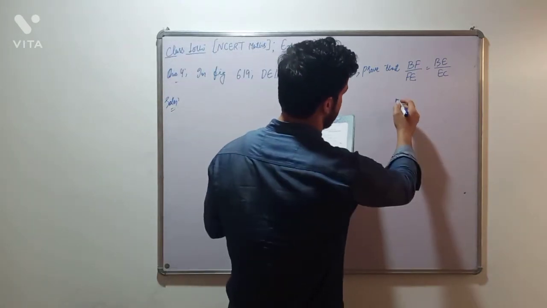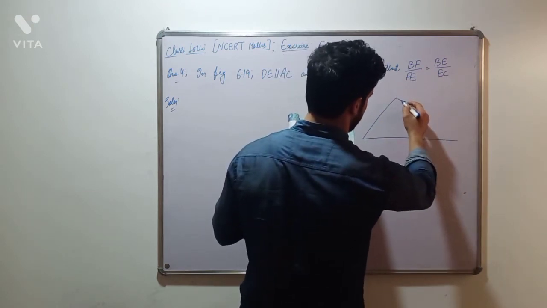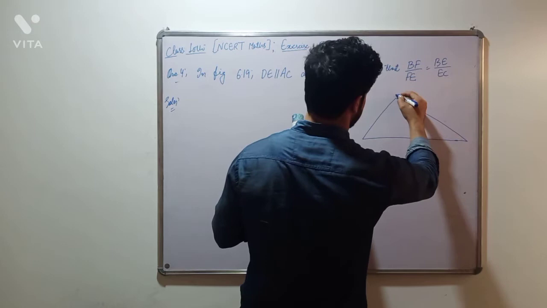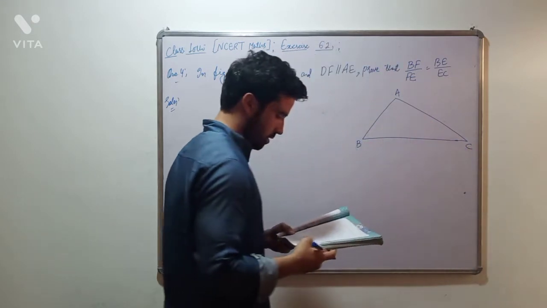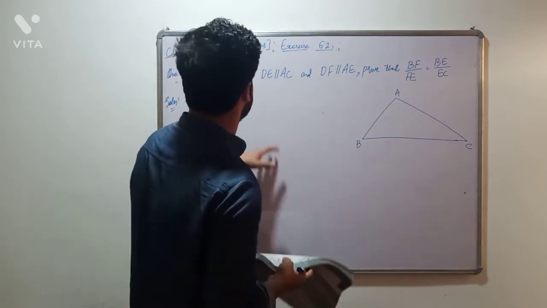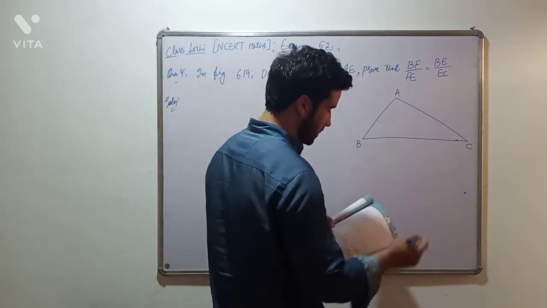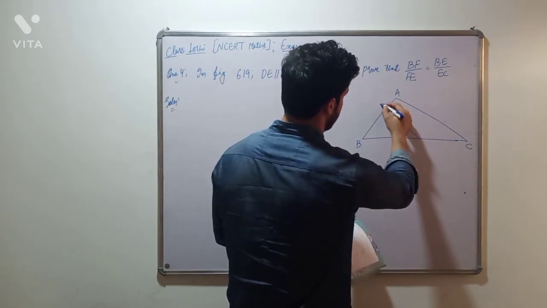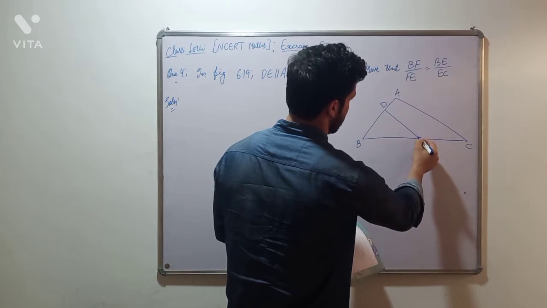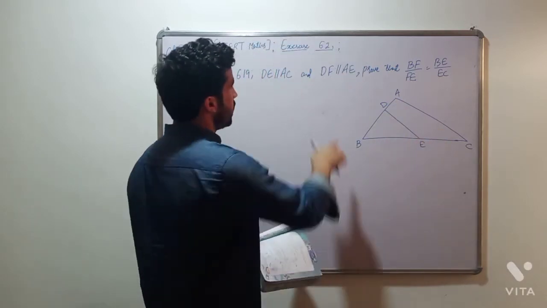So it is triangle ABC actually here. So we have a figure like this. This is triangle ABC. Now in this triangle we have DE parallel to AC, so DE is somehow like this. This is D, and this DE is parallel to AC, and we have DF.